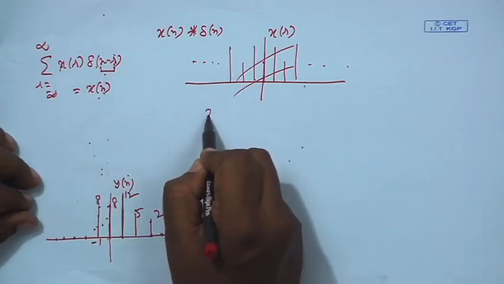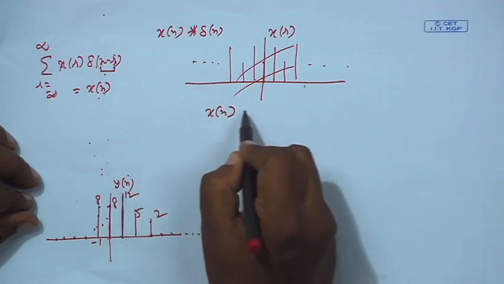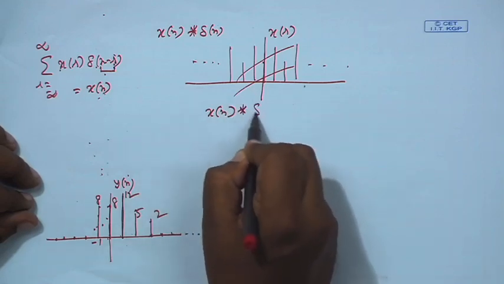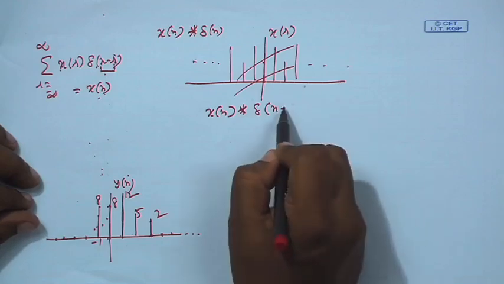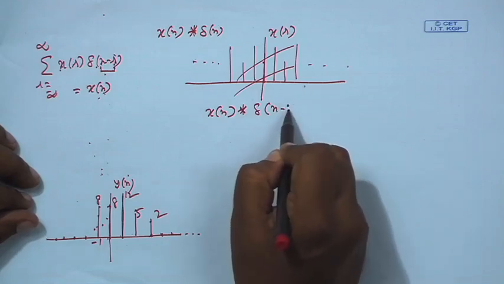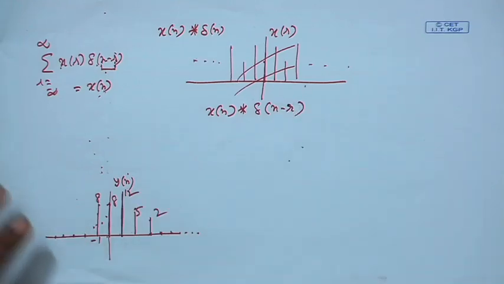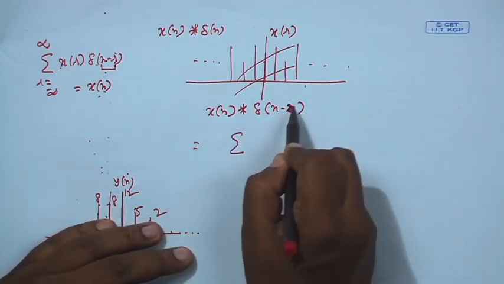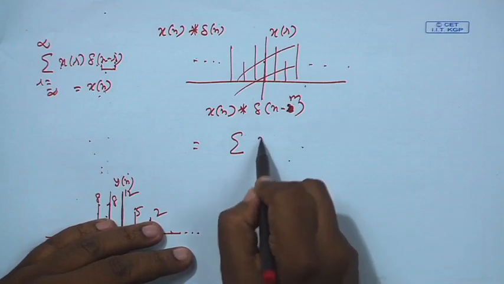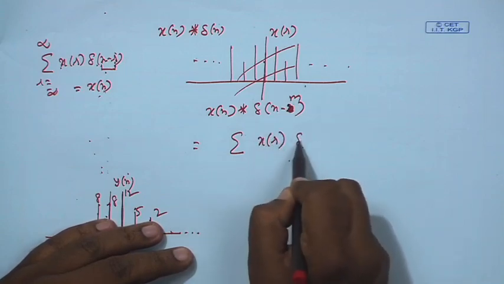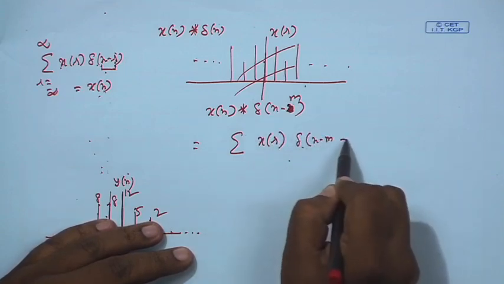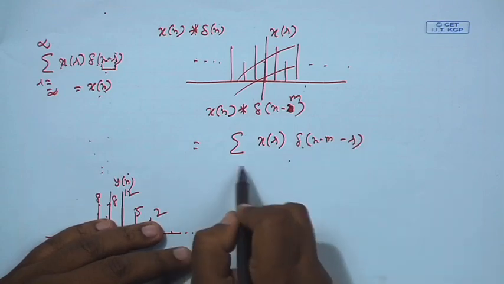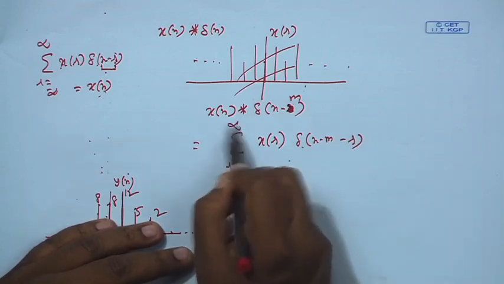If you convolve by, say, delta n minus r, or suppose delta n minus m, then what happens? So, you write x r delta n minus m minus r, r equal to minus infinity to infinity.